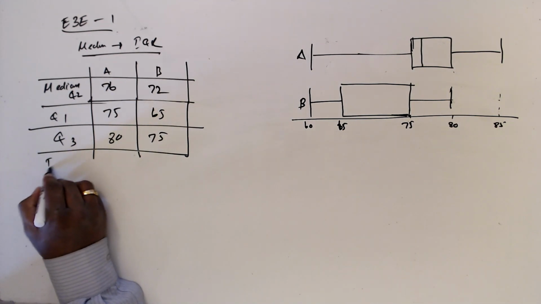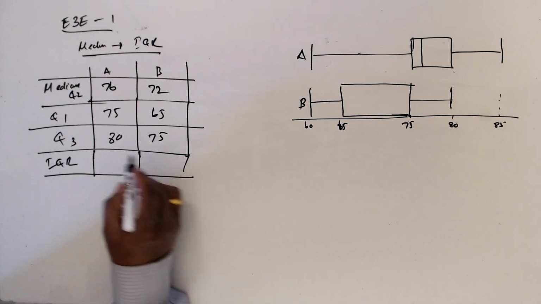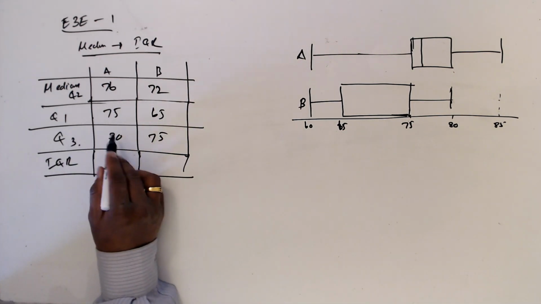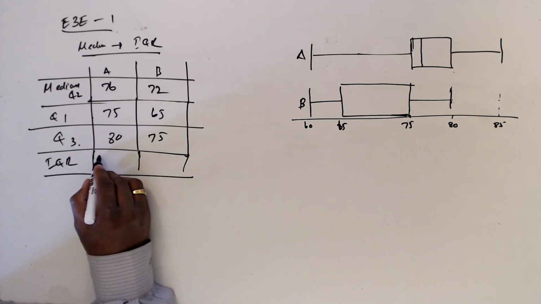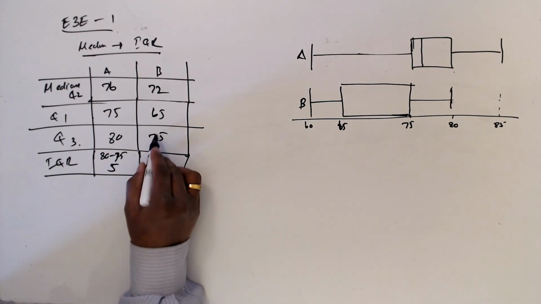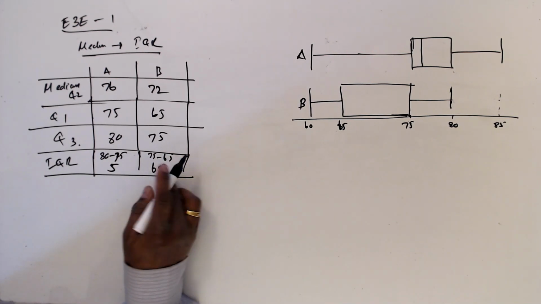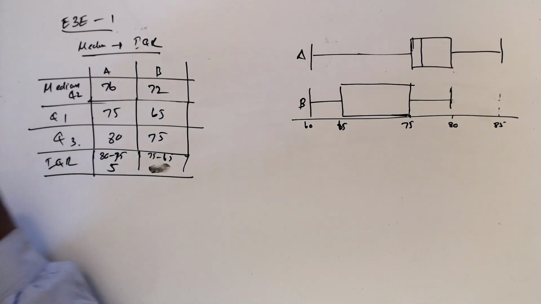So IQR is Q3 minus Q1. This is 80 minus 75, which is 5, and 75 minus 65, which is going to be 10.